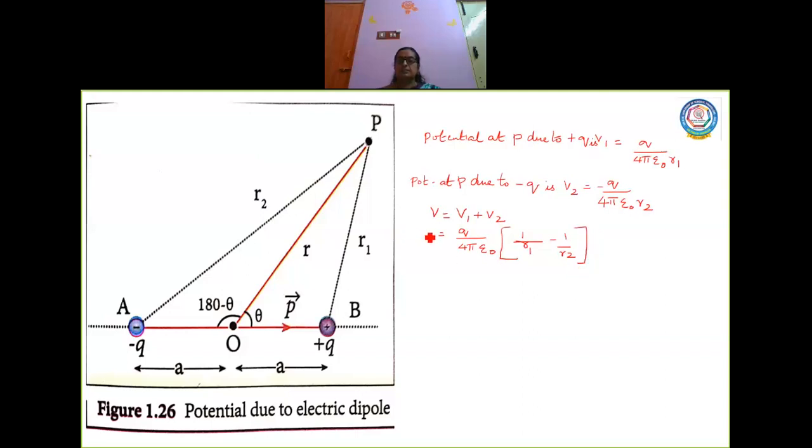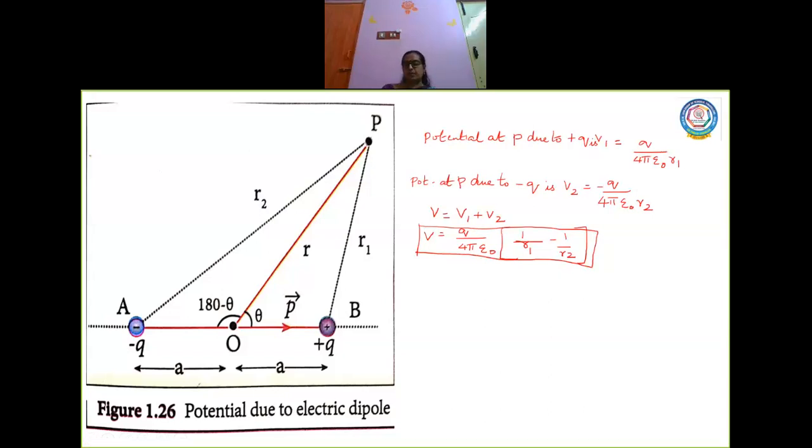This is the equation for the total potential. Now I am going to derive the values of 1 by R1 and 1 by R2. Before that, let us go back to the diagram. I hope you have read about the cosine law.